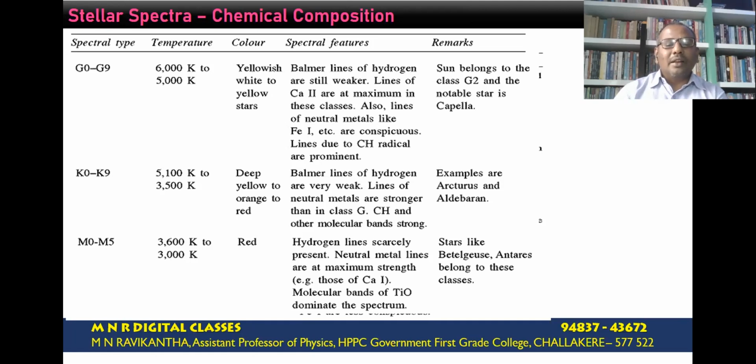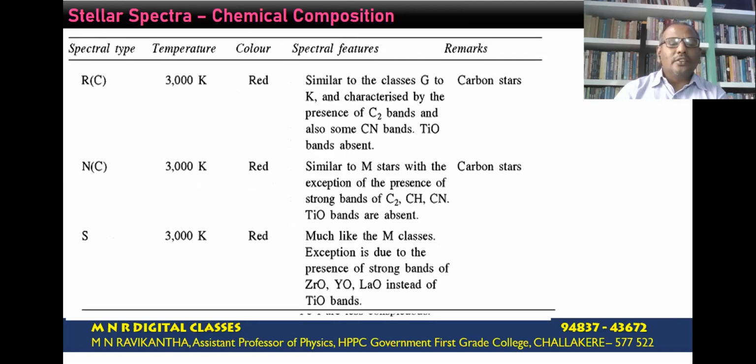Stars like Betelgeuse and Antares belong to these classes. In addition to this, we have three more classes, R, C, and S, corresponding to asymptotic giant branches. They have temperatures around 3,000 Kelvin and appear reddish in color. Usually, these stars are called carbon stars.